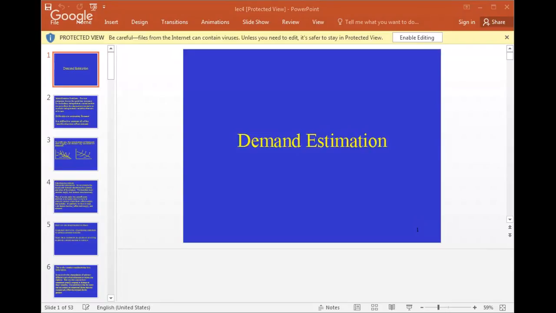Okay, so here's an example of a demand function. I have the demand for X equal to a constant 100 minus 2.1 times the price of X, Px, plus 1.6 times the price of Y, plus 1.2 times I, where I is income, plus 1.5 times A, where A is advertising expenditure.